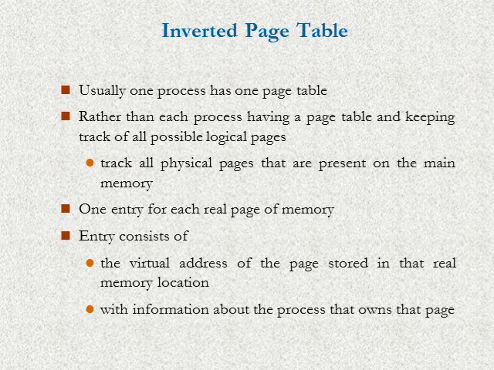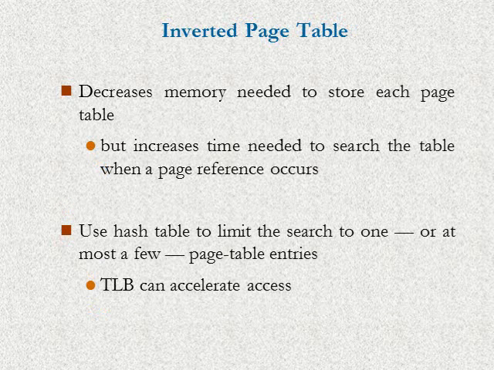So in this way, we are no longer required to have independent page tables associated with each process. Rather, we have an inverted page table that is associated with the whole main memory, and we reversely map it to the process pages that are present in the main memory. This solves the problem of the excessive memory required to store independent page tables associated with different processes.